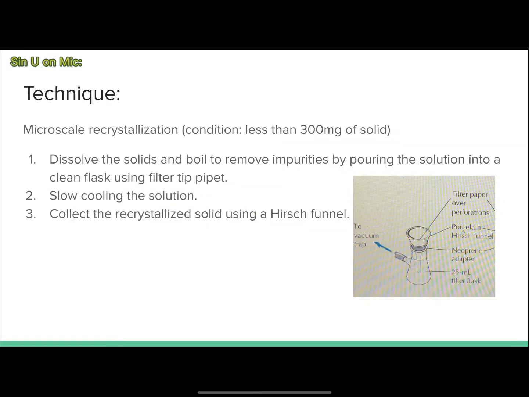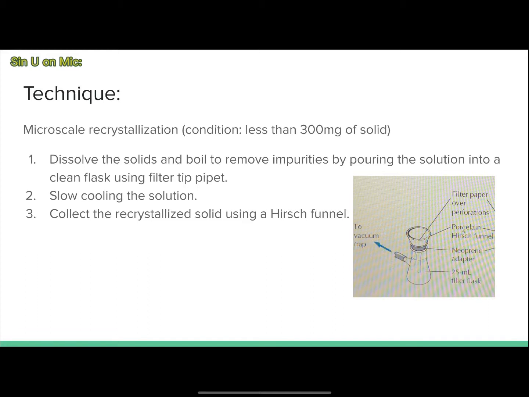For the technique, it would be microscale recrystallization. The only condition is that the solid must be less than 300 milligrams. First, dissolve the solids and boil to remove impurities by pouring the solution into a clean flask using a filter tip pipette.